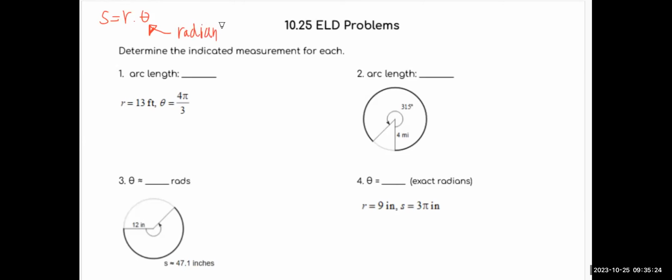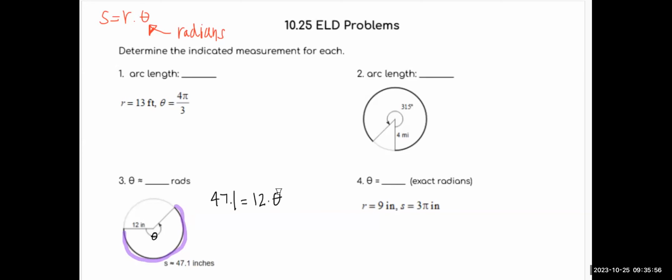Okay, so for number 3, it looks like the radius is 12. It looks like we actually know the arc length is 47.1 inches. So what we're looking for is the angle measure. Going a little backwards here. Okay, so we could take the same equation and go ahead and plug in 47.1 for S. Plug in 12 for the radius.